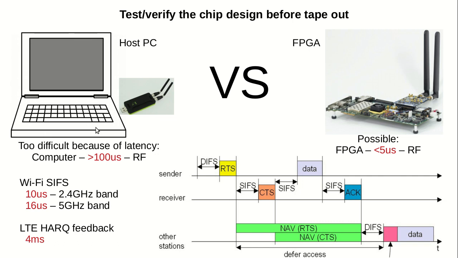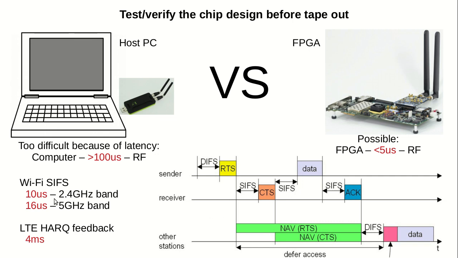In the traditional software-defined radio way, on the left, the computer to RF latency is larger than 100 microseconds. But on the right, the latency between the FPGA and antenna is less than 5 microseconds. That means the FPGA platform is more feasible for our Wi-Fi chip verification.